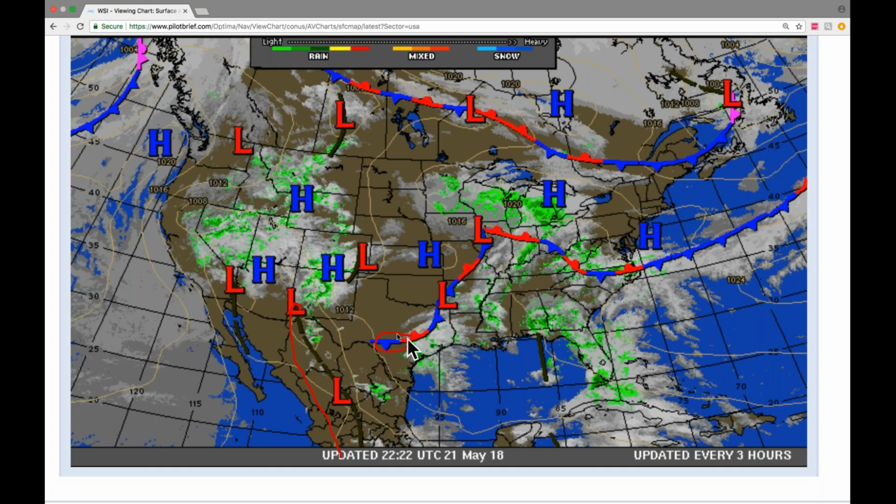These areas here, you see, this is an easy way to remember the difference between your frontal systems. Anybody guess what that is right there?